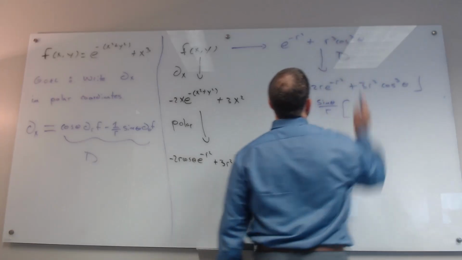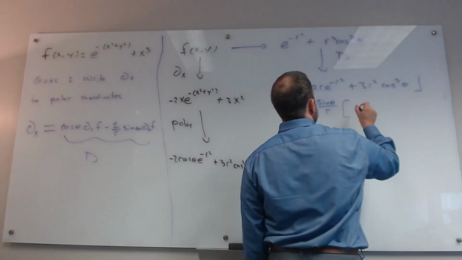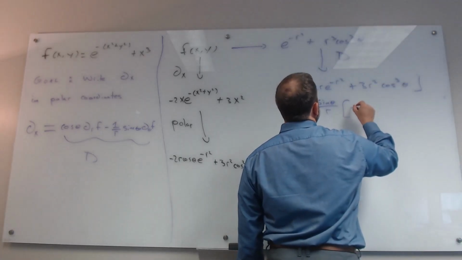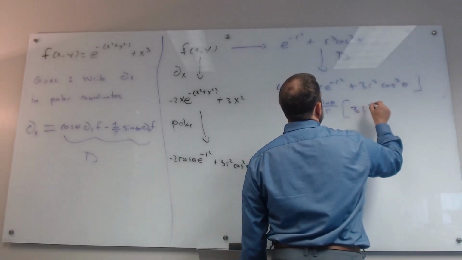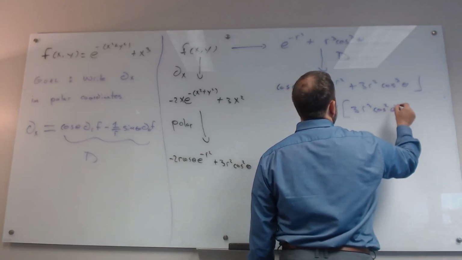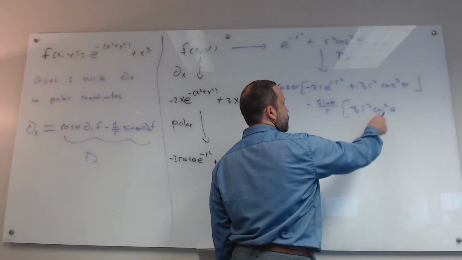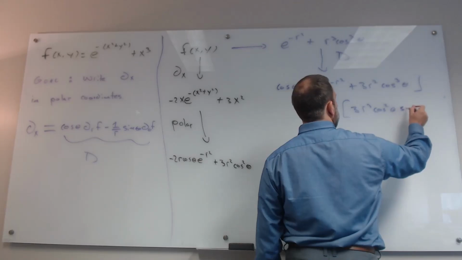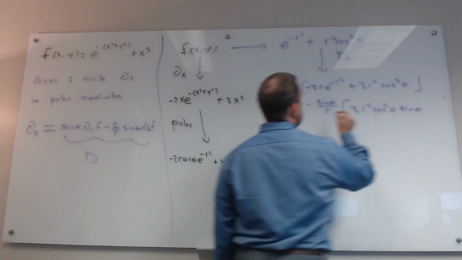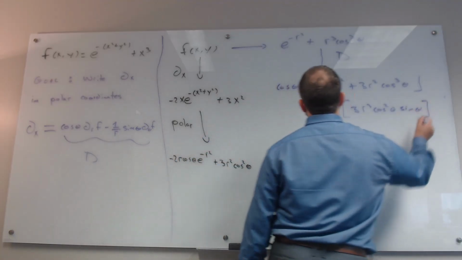Okay, so I'm going to do the derivative. The derivative of that with respect to theta is 0. So I just have this part right here, and that's going to be 3r cubed cosine squared theta, but then times the derivative of cosine theta, which is minus sine theta. Okay, so this minus sign is going to be multiplied to get a plus sign.